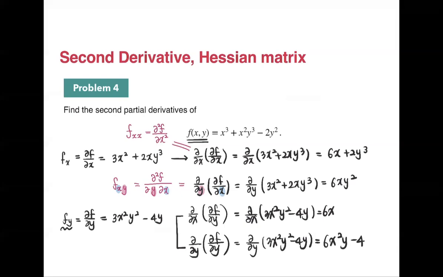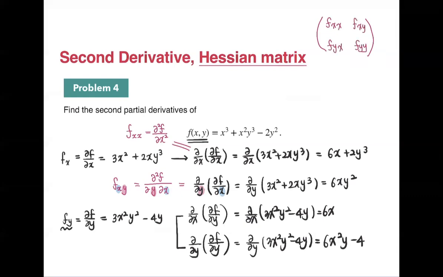Actually, the second derivative is related to the Hessian matrix. The Hessian matrix is a 2 by 2 matrix, and it is given by fxx, fxy, fyx, and fyy.